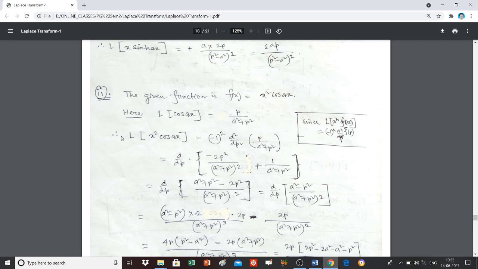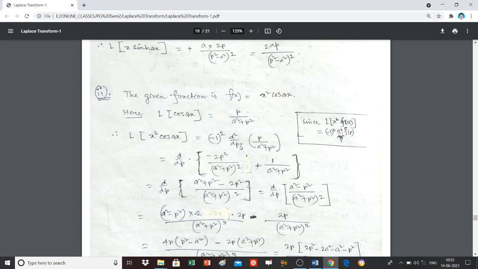And now the Laplace transform of x² cos ax. You know that the general formula is the Laplace transform of xⁿ f(x) equal to (−1)ⁿ dⁿ/dpⁿ F(p), where F(p) is the Laplace transform of the function f(x). In our present case, the function is cos ax, whose Laplace transform is p/(a² + p²). So this value should be (−1)², because in this case the power of x is 2, according to this relation.